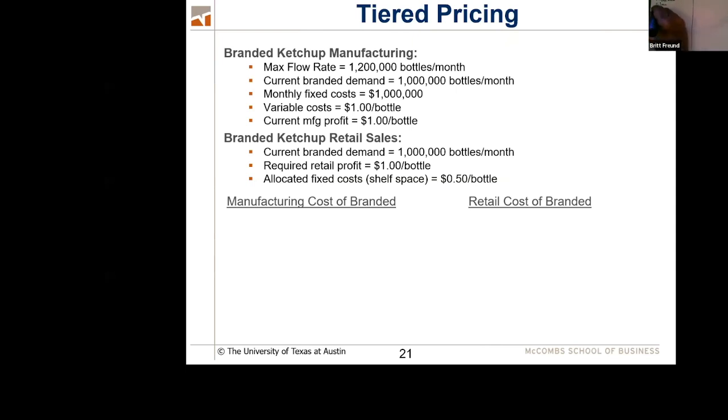Every time we make a bottle of ketchup, the variable costs are $1 per bottle. That means, for the tomatoes and for the vinegar and for the sugar and for the bottle and for the label and all that other stuff, it's $1 per bottle variable cost. And Brooke has negotiated a price such that the per unit profit is $1 per bottle.